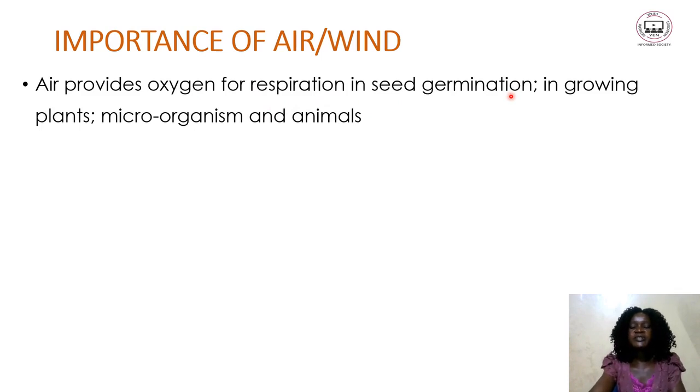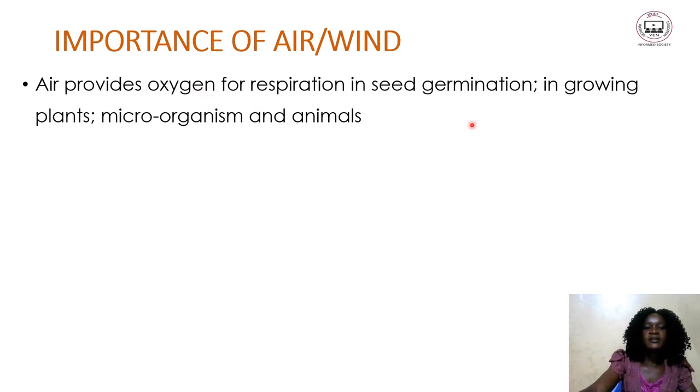Remember, I mentioned that in order for the seeds to germinate, there are three necessities: water, warmth, as well as air, more especially oxygen. In order for the seed to germinate, it will need to be doing respiration. So the seed cannot respire without air or without oxygen.